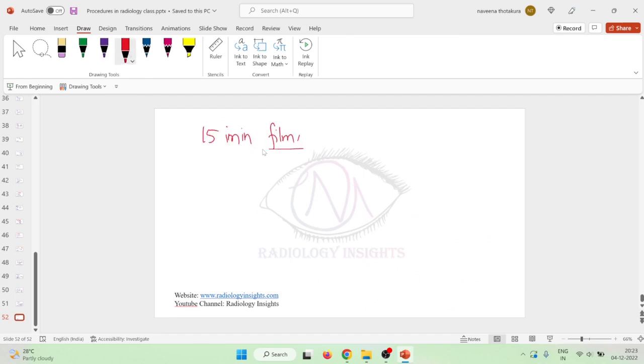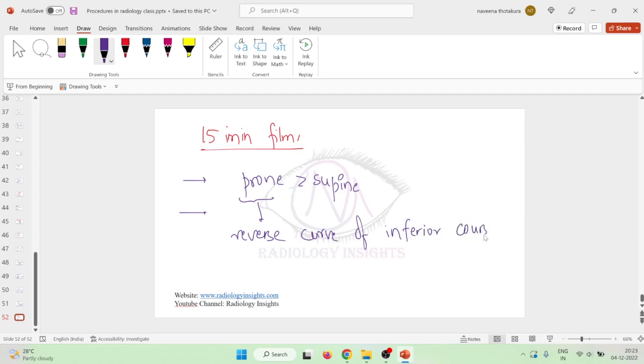This 15 minutes film is often better in prone position than supine, because the filling is better in prone position when compared to supine, and in prone position it will reverse the curve of the inferior course of the ureter. When the patient is in supine position, the curvature will be like this, whereas in prone position it's exactly reverse, and as a result, this will make the kidneys anti-dependent of gravity.